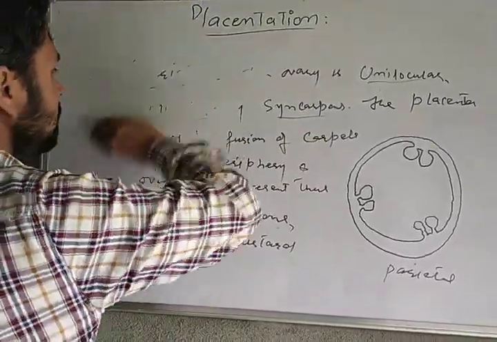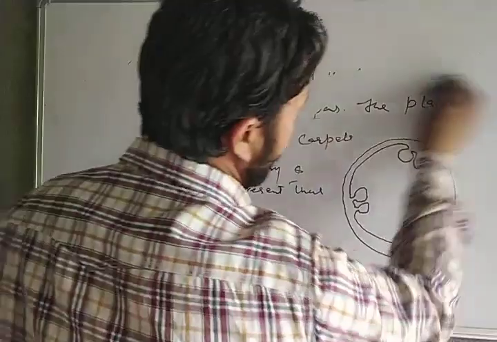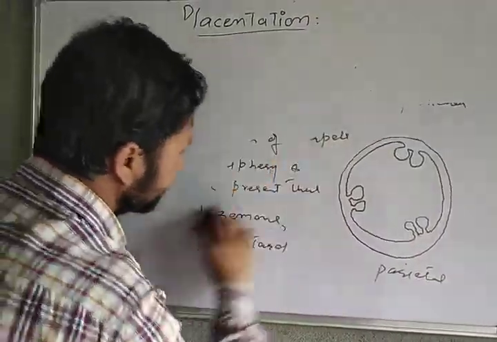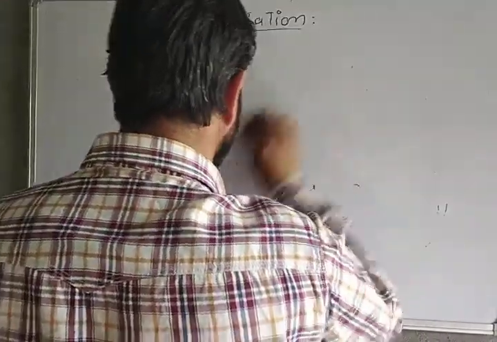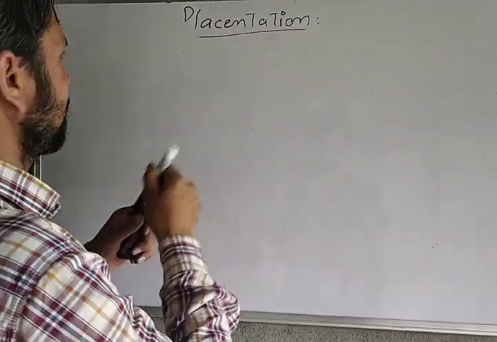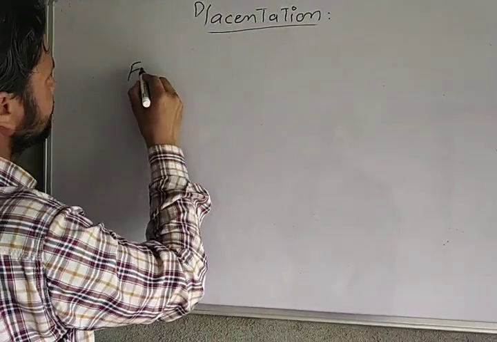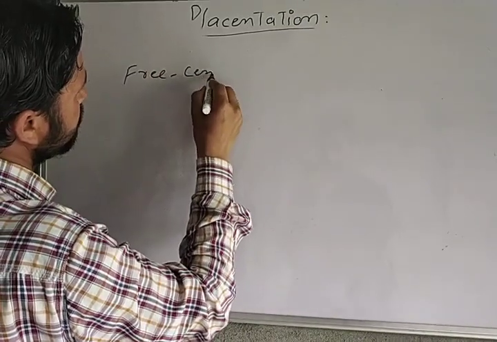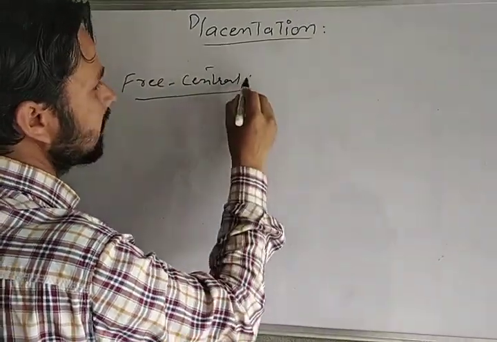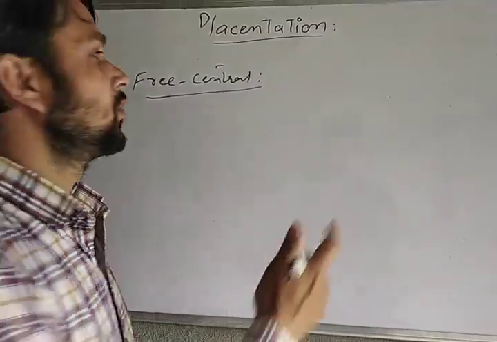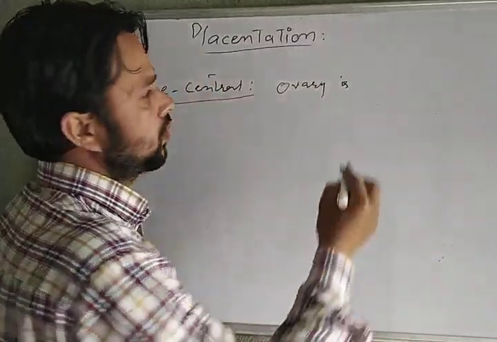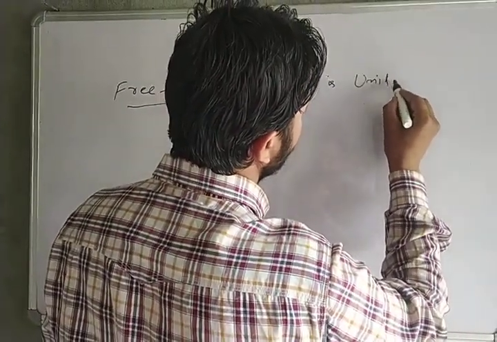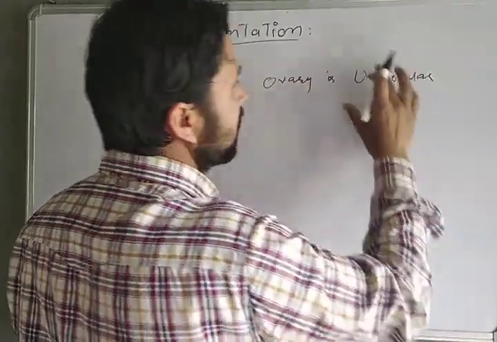Now we will move to the free central type of placentation. What is free central? Again, if we talk of the ovary, we can say the ovary is unilocular. I hope you know what unilocular is.